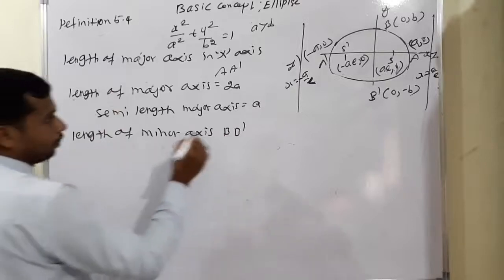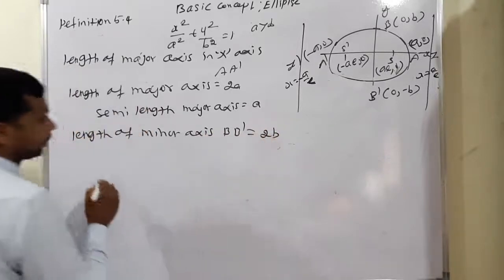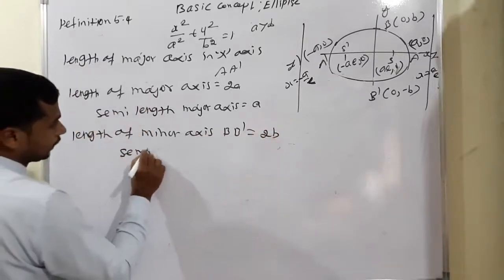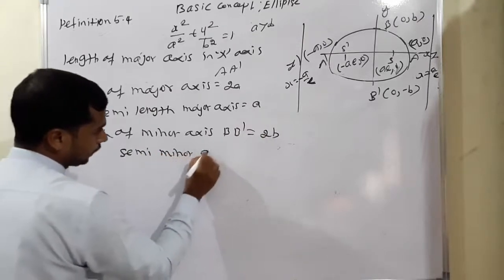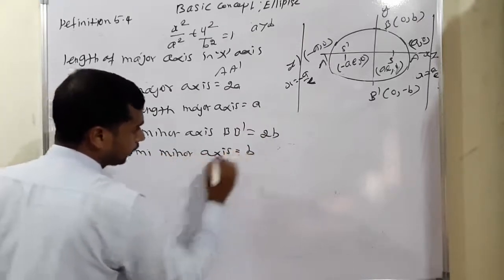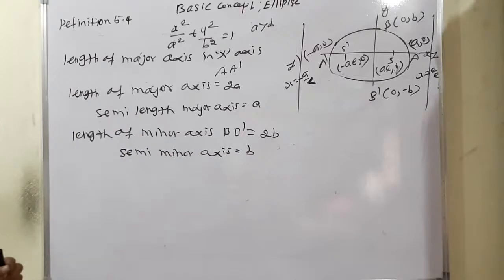Therefore B dash is equal to 2B, and the semi minor axis is half of 2B, that is called B only.